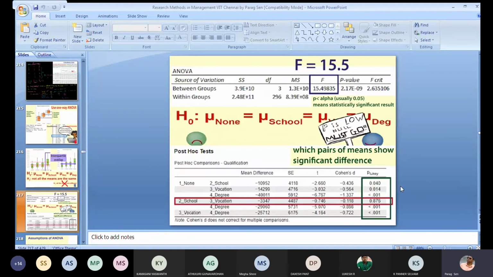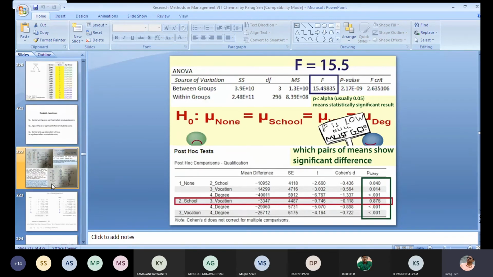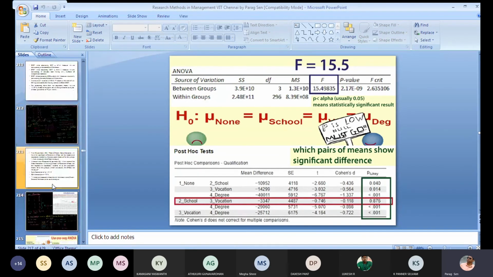This I will describe in the next class, where we will discuss Cohen's d test, and also we will focus on the two-way ANOVA.